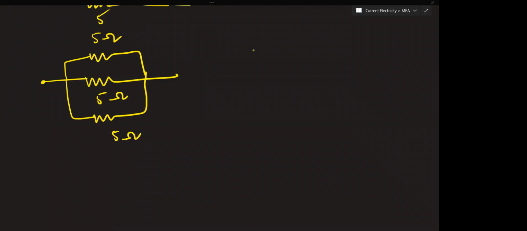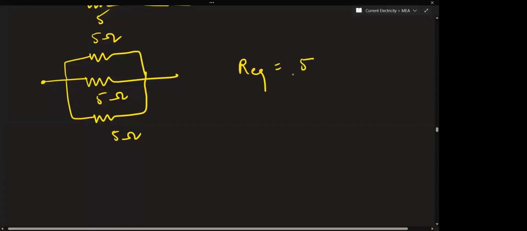If they are identical, just divide by the number present. Had it been 4, you would have to do the whole reciprocal addition. So yes, 5 by 3. So R equivalent of the circuit becomes 5 by 3 ohms.